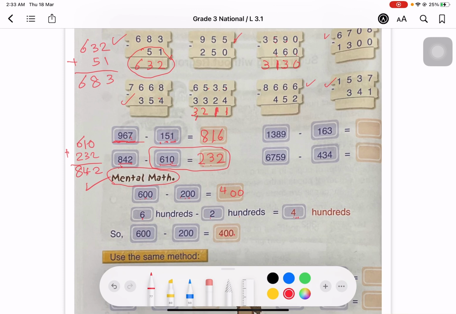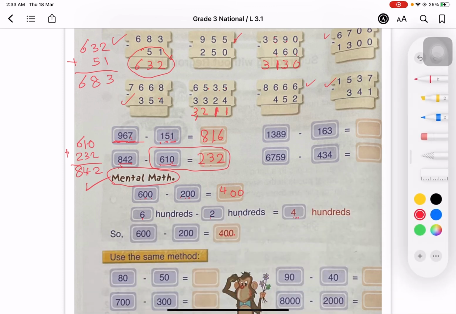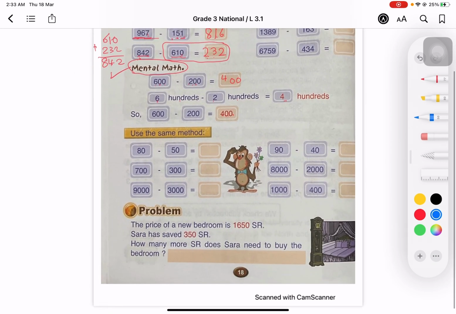Okay, now the last question here. Let's do it here. Use the same method, which is mental math. They mean use mental math. It's easy. Look, 80 minus 50. Look at the tens. 8 minus 5, 3.